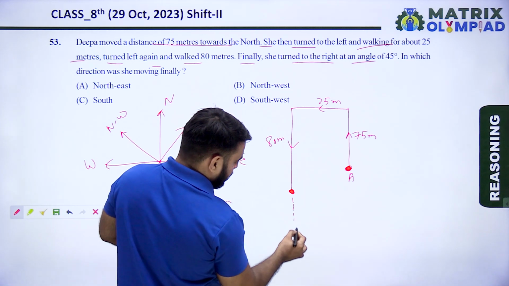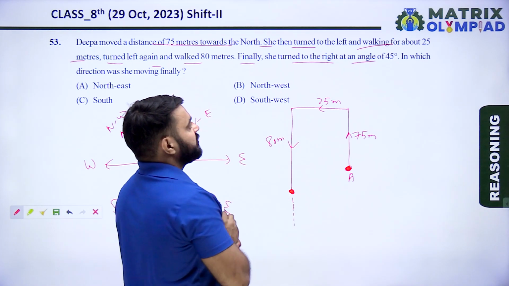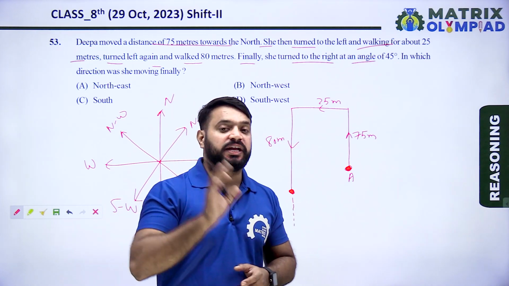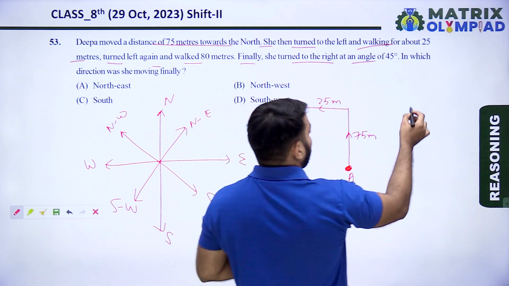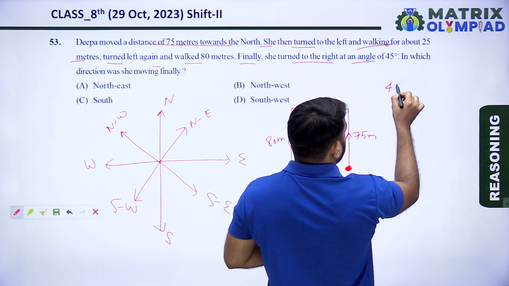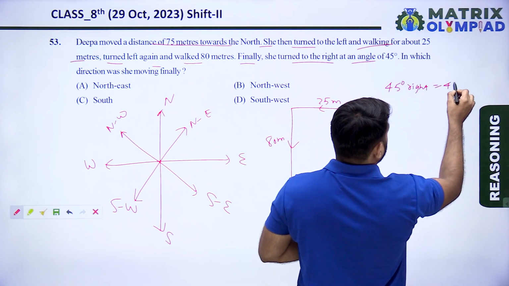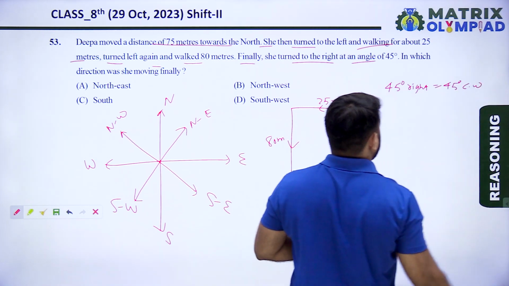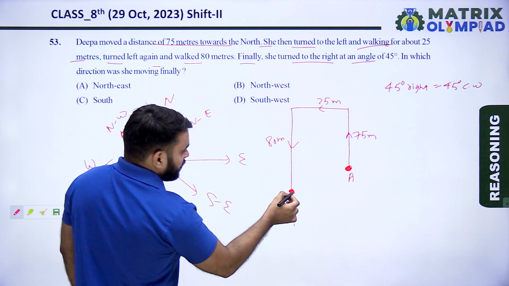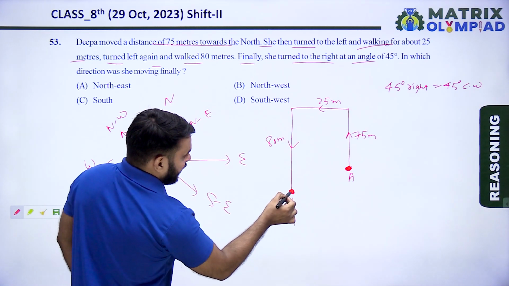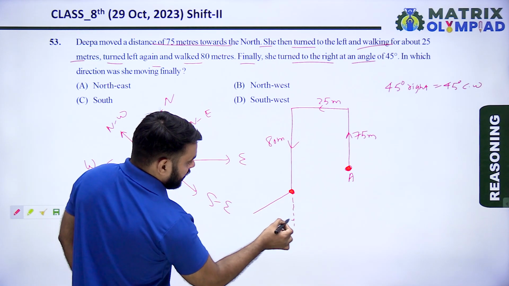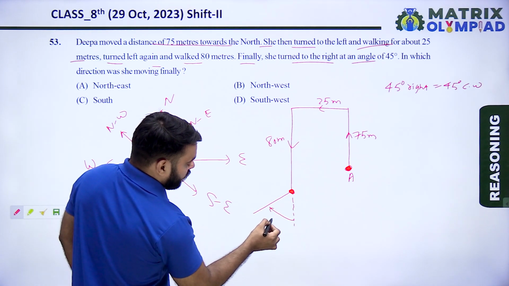So Deepa turned 45 degrees to the right side. 45 degrees to the right side means a 45 degree clockwise rotation. So Deepa turned 45 degrees in the clockwise direction.